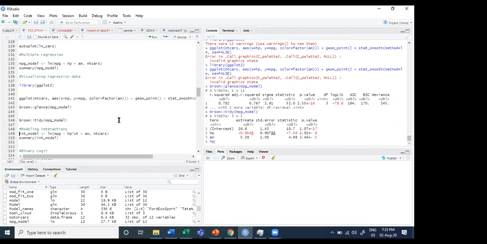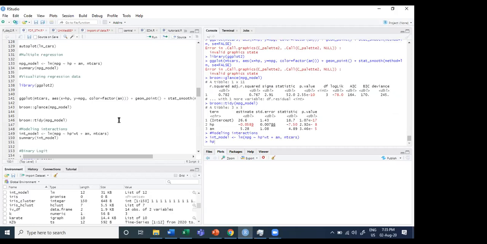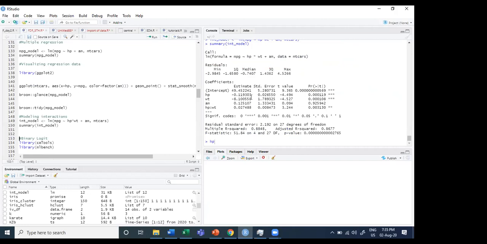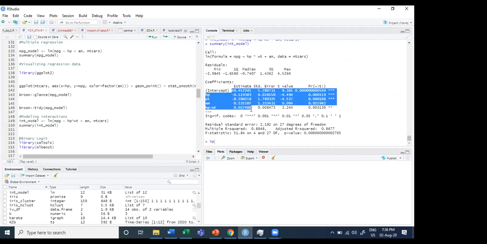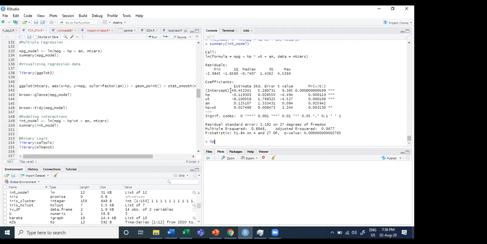So now let's check the interaction model. This is the interaction model, regression, mtcars, and this is the value. You will find the intercept. This is the standard error. This is the t value. Here, all these variables are used to create the equation where the dependent variable is driven by HP, weight, AM. So these variables can constitute the system and drive up to 88% here, which is the R square value, an improved version right now, 0.88.